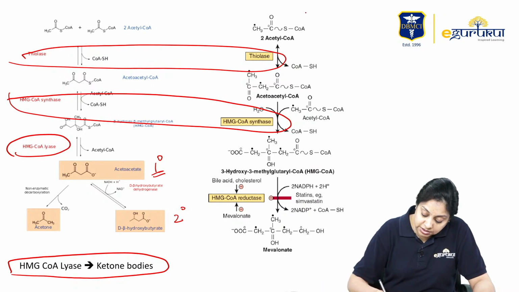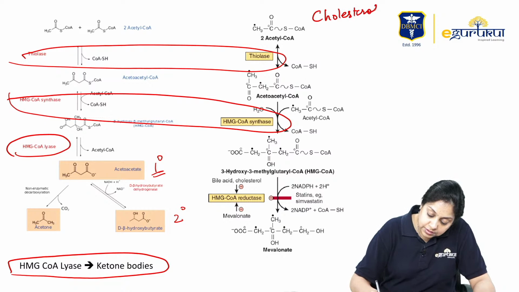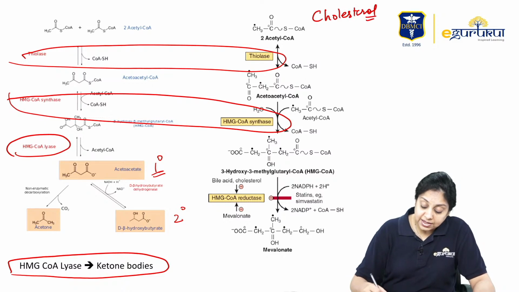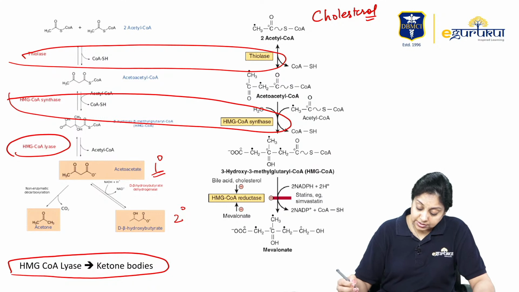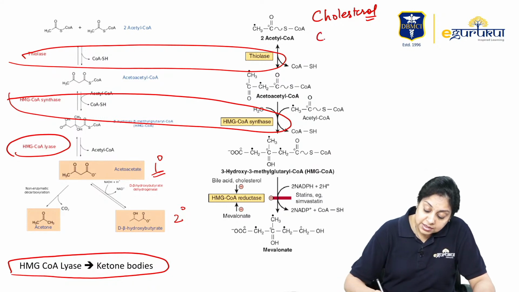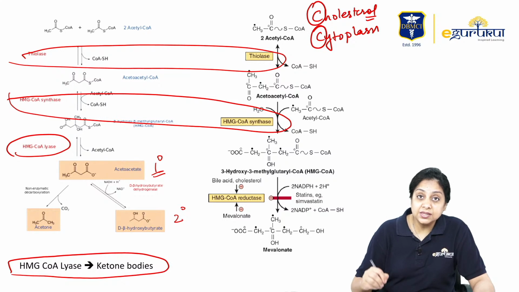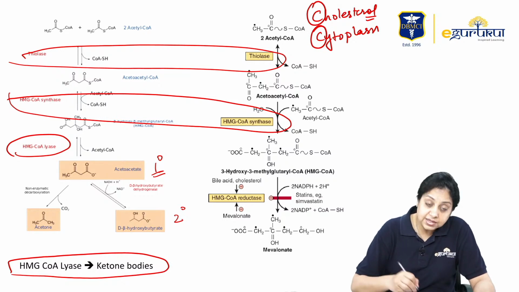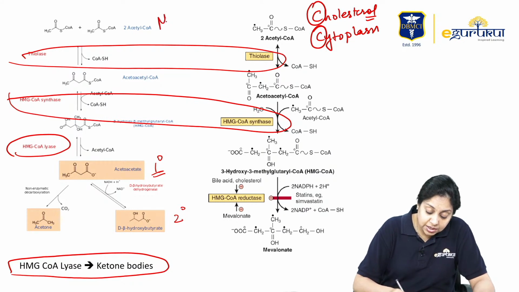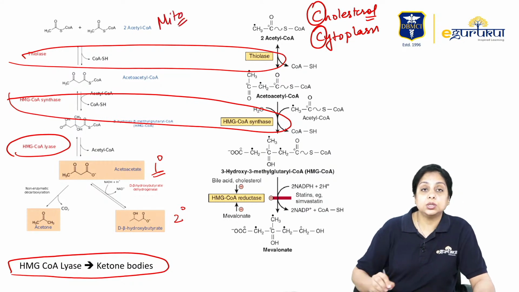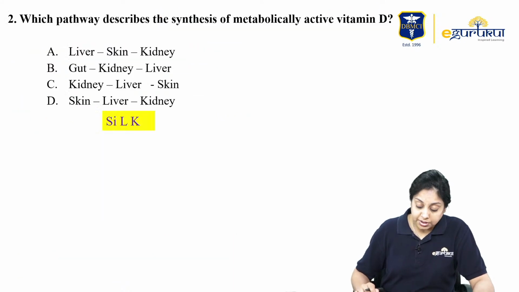But remember, this is cholesterol synthesis, and HMG-CoA synthase here is taking place in the cytoplasm. So the isoenzyme is in the cytoplasm, whereas in ketone body formation, HMG-CoA synthase is taking place in the mitochondria. Oxidation is taking place in the mitochondria.